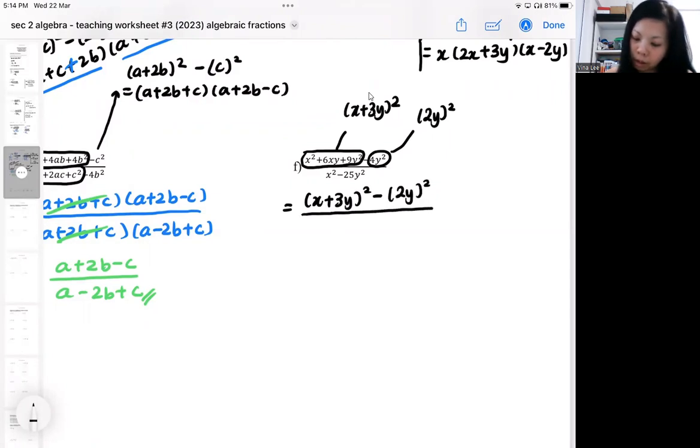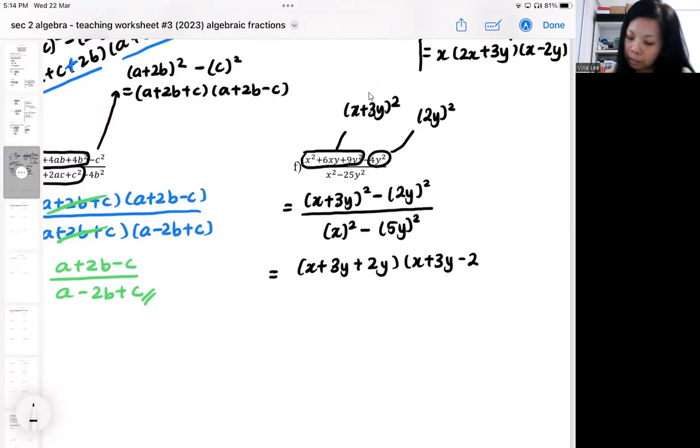In the denominator, I'm also doing this. By now, you should be fast enough to be able to see this. So I will get x plus a plus b, a minus b. At the bottom, I also get a plus b, and I also get a minus b.